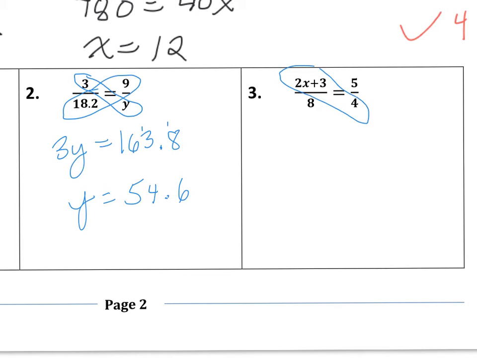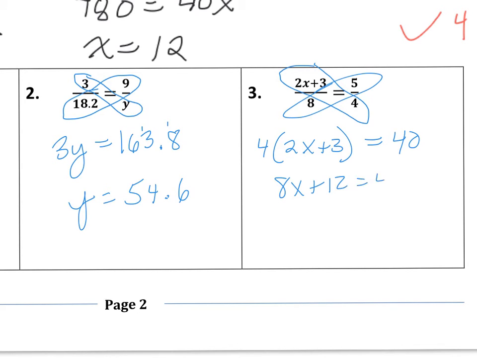And finally, this should all be reviewed for you. When we cross multiply here, and I have an algebraic expression up here in the numerator, make sure that you know that 4 is multiplying that entire sum. So that would be 4 times the whole sum. I need to put that sum in parentheses. And 8 times 5. So 4 times the sum (2x plus 3) equals 40, or 8x plus 12 equals 40.